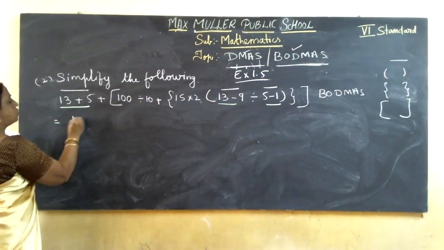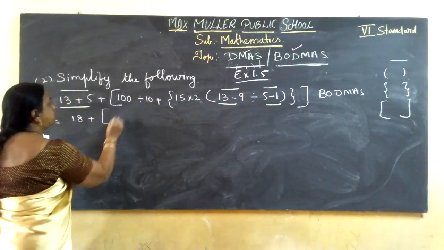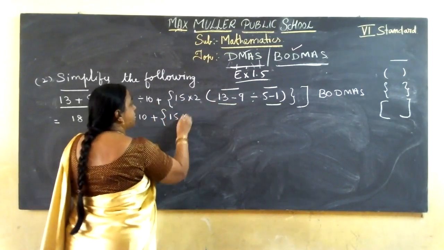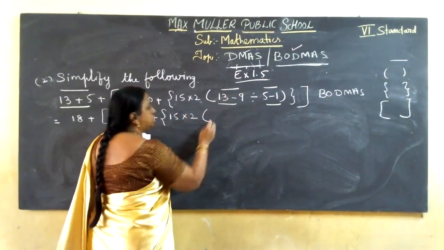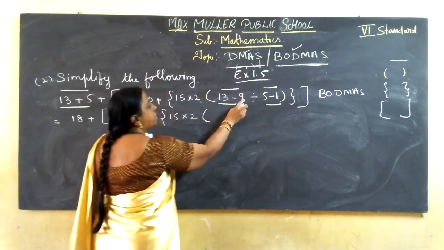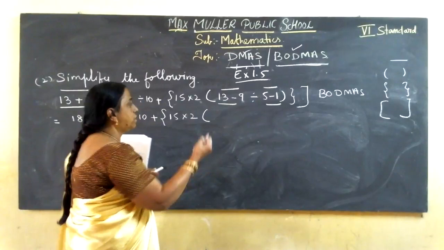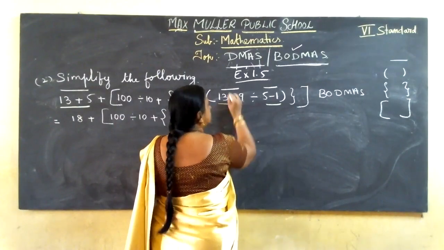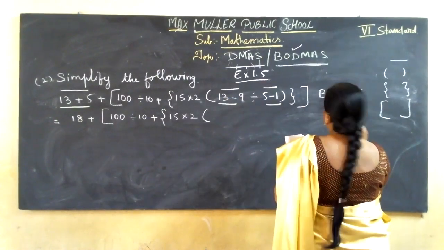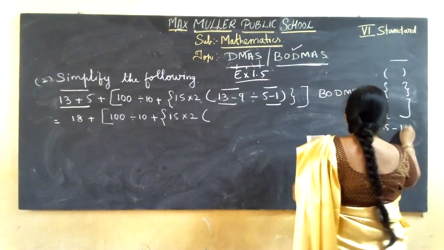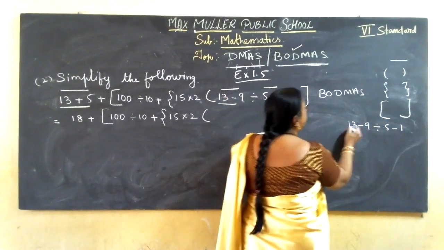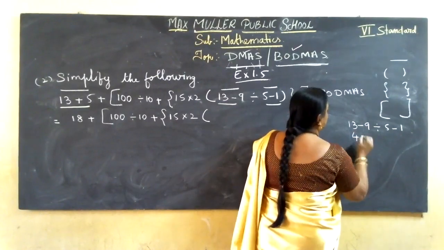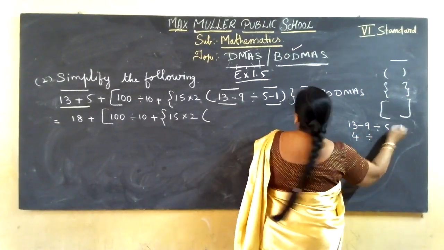So 13 plus 5 is what? 18 plus, open this bracket, 100 divided by 10 plus, remaining all copy as it is, 2. Here 13, open this round bracket, 13 minus 9. 13 minus 9 is how much? 4. Then 4 divided by 5 minus 1, which is 4.